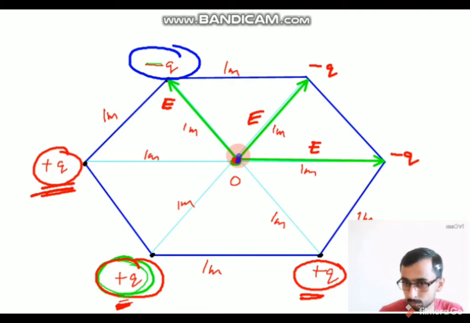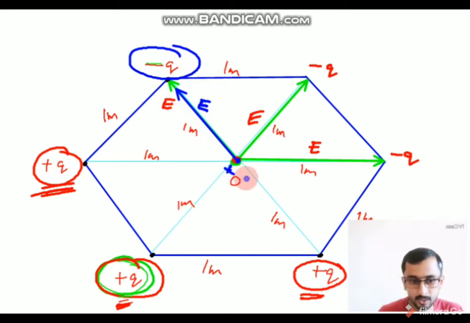Therefore, here you have positive charge, and this one is negative charge. Therefore, what is the direction of electric field at this particular point due to this charge? It is along this direction. Then what about magnitude? Magnitude will be E itself.